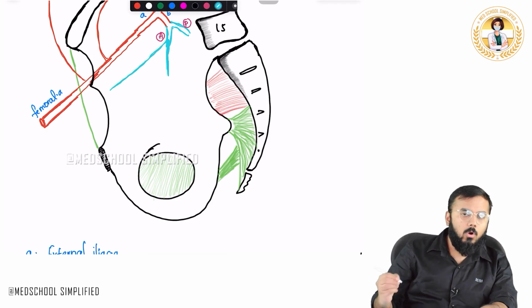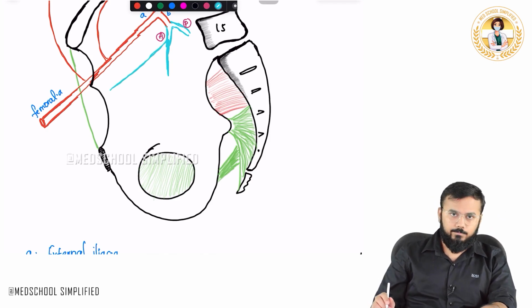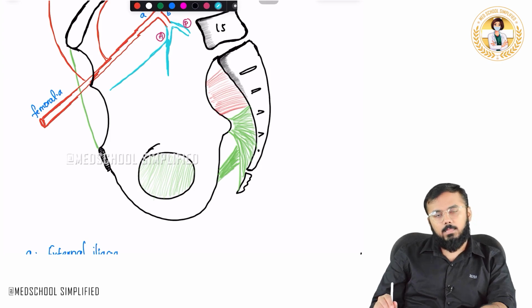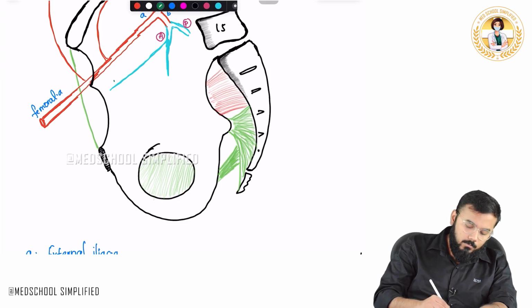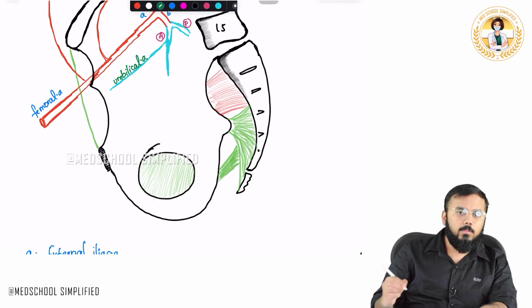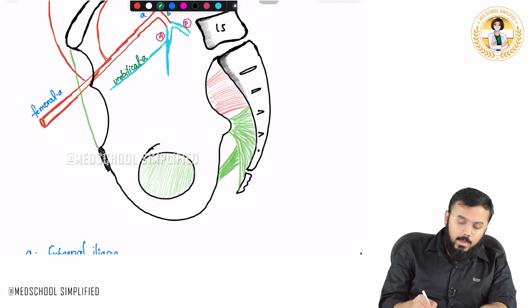This anterior branch gives out its first branch, which is called the umbilical artery.